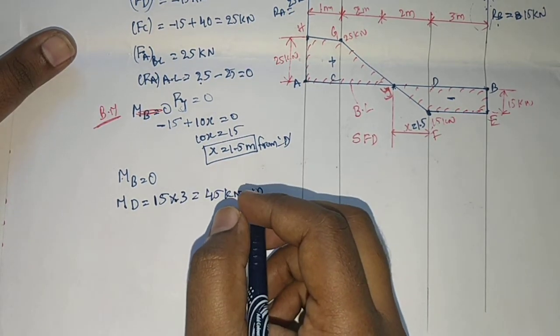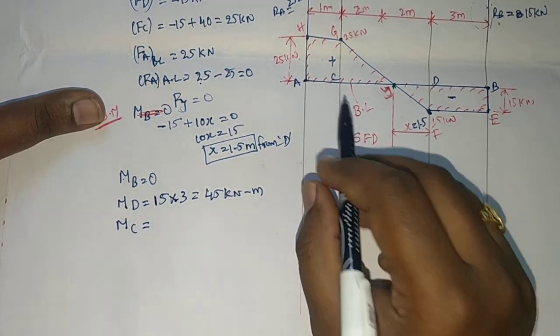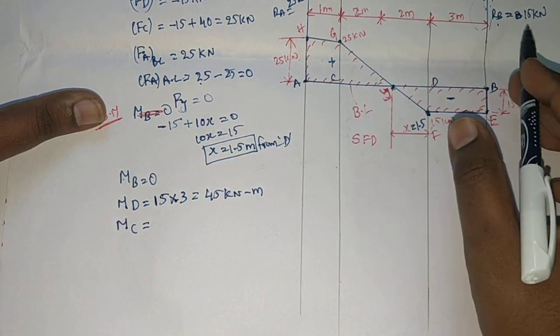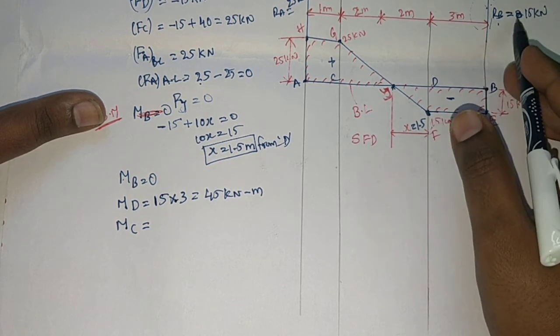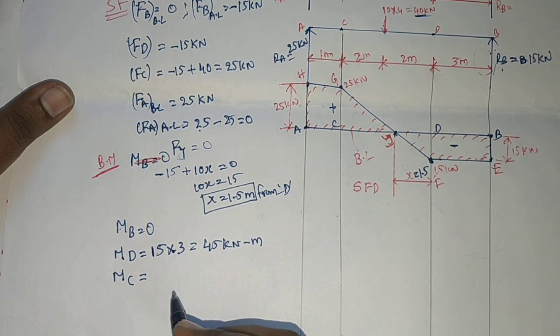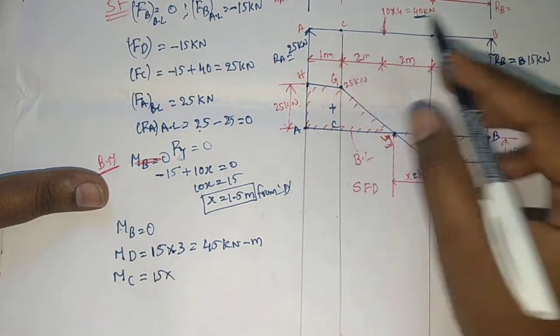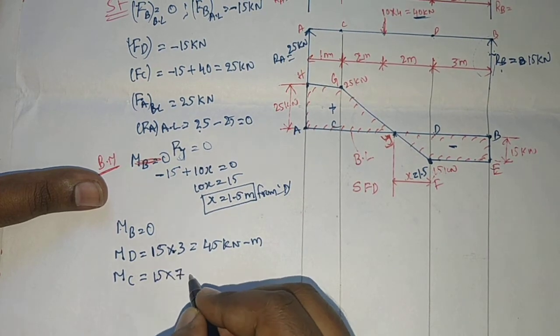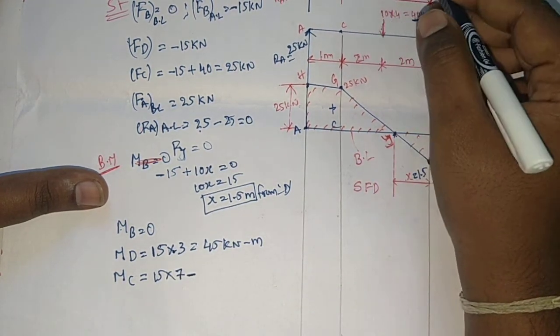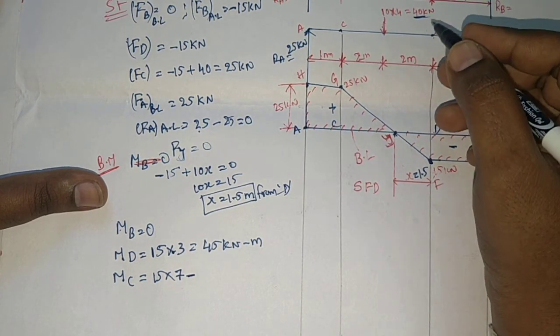Okay, next, bending moment at point C. At point C, the right side of C has two loads, one reaction force and another the applied load. That is 15 into the distance from the reaction force to point C, which is 7, minus 40, because the UDL is acting clockwise, so it is taken as negative.